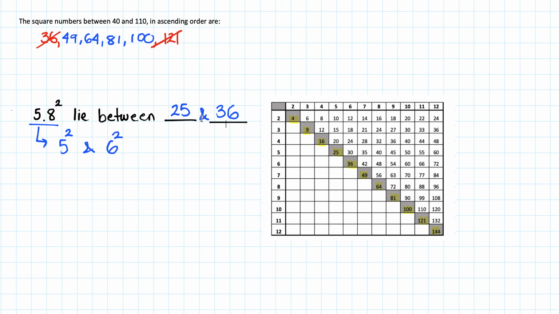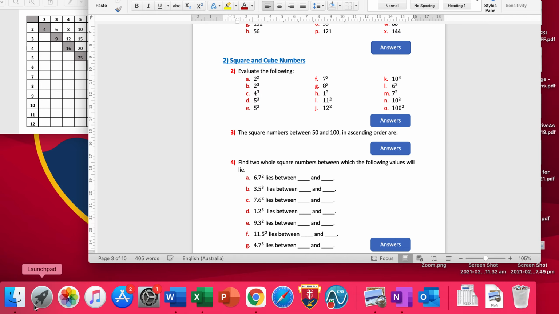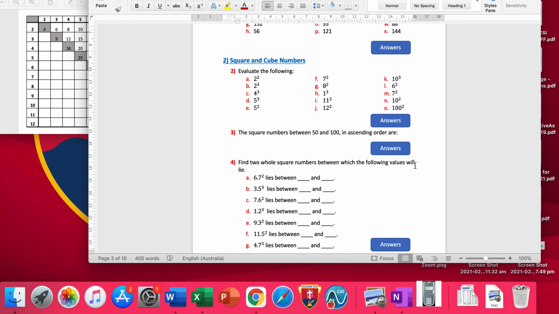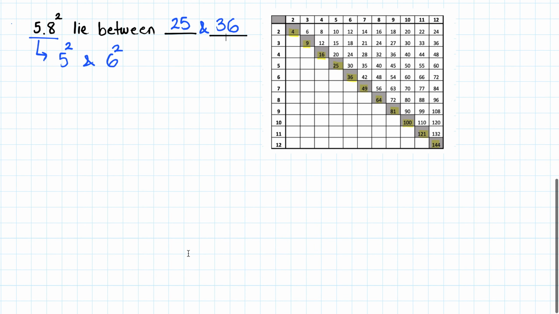And if you do it in your calculator, I'm going to bring out my calculator. I think I have it here. It's going to take a while to open up. In the meantime, while it opens up, let's do another example. So now let's do this one, 3.8, the one that I was going to do before. 3.8 squared lies between which square numbers?